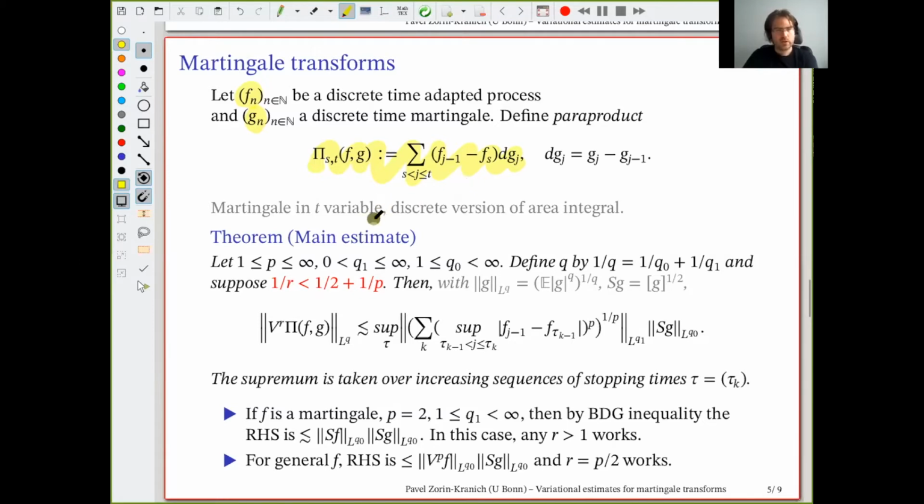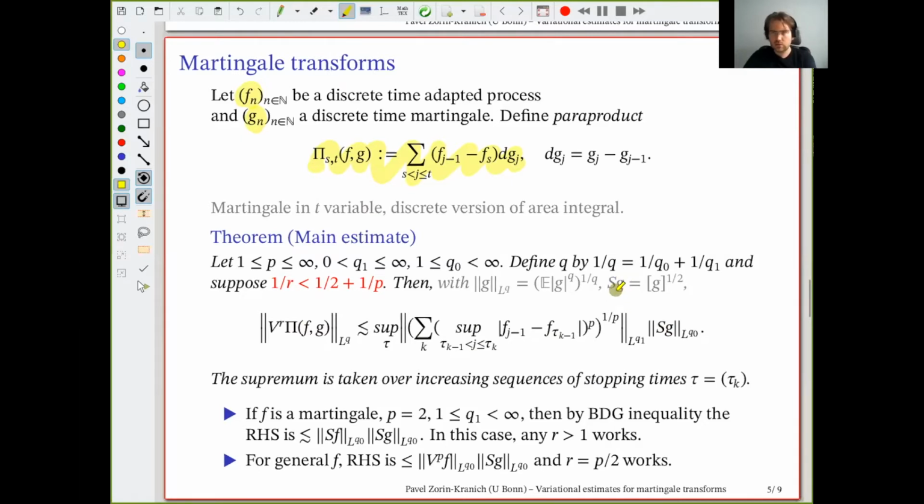Thanks. So the main estimate in discrete time is the following. We can estimate the pointwise R variation of this paraproduct by a product of two norms of the G martingale and the F process. For the martingale, I take just the square function.